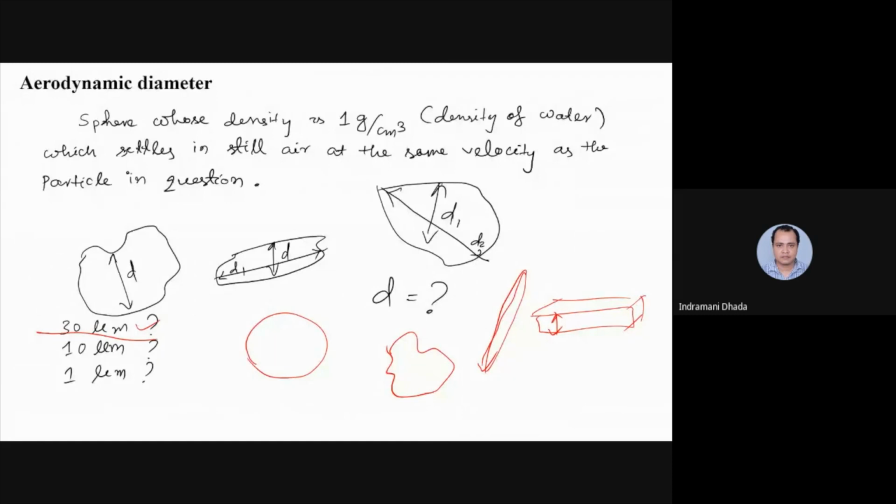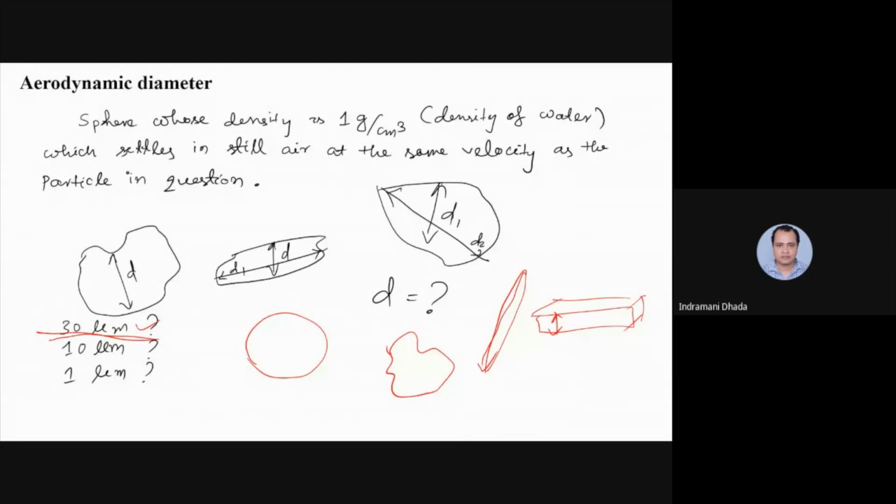When I am talking about 30 micron, it means the aerodynamic diameter of that particle is 30 micron. What is aerodynamic diameter? Aerodynamic diameter is the diameter of a sphere whose density is 1 gram per centimeter cube, that is the density of water, and which settles or falls in still air at the same velocity as the particle in question.